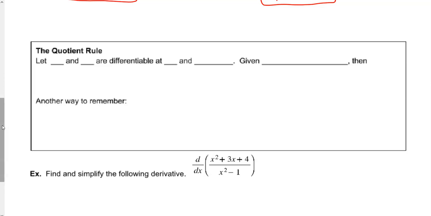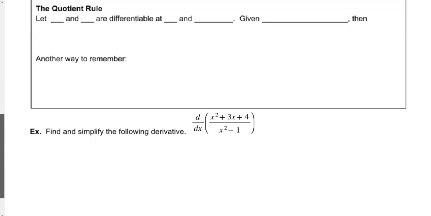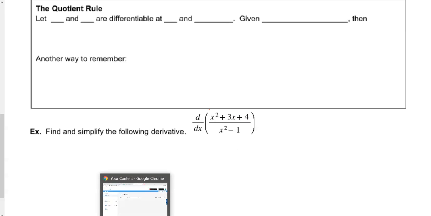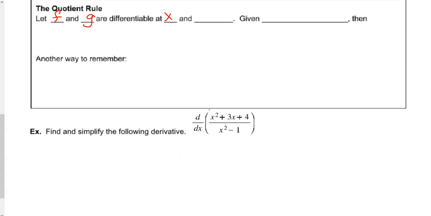Now we turn to the quotient rule. Well, the quotient is an answer to a division problem. So that means that I have a division or a rational function that I need to take the derivative of. So we're going to let f and g be differentiable functions at x, and g of x is not equal to 0.